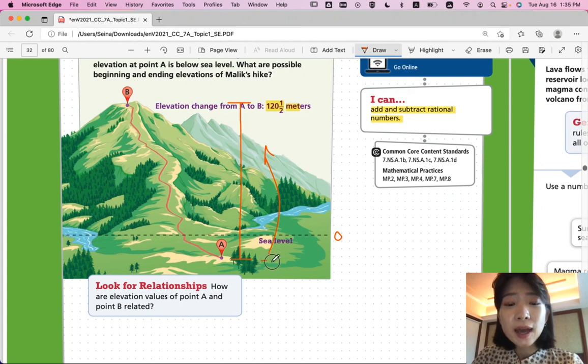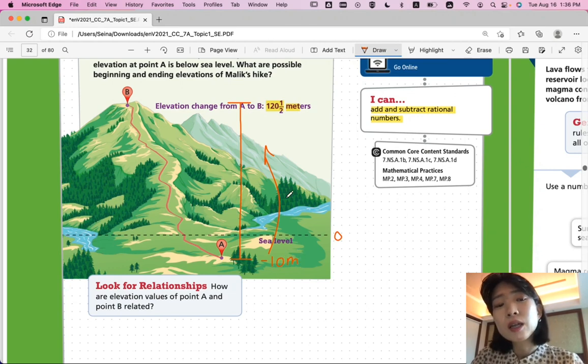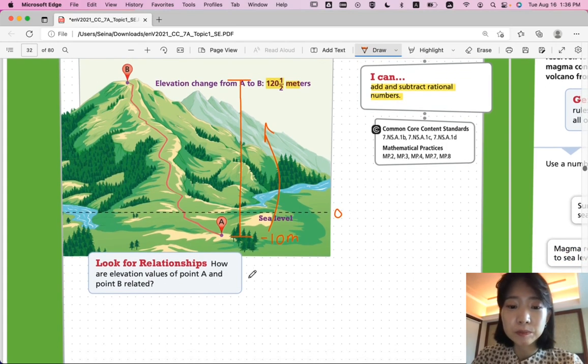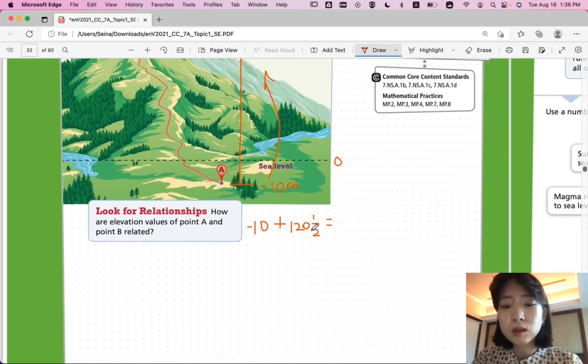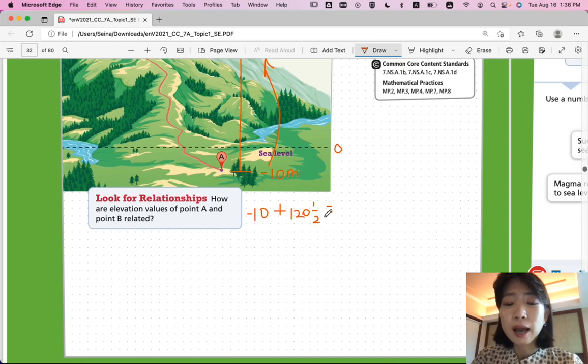If A starts at 10 meters below the sea level, then how high would point B be? We just have to add 120.5 meters to negative 10 meters. Negative 10 plus 120 and half would result in 120 and half minus 10.